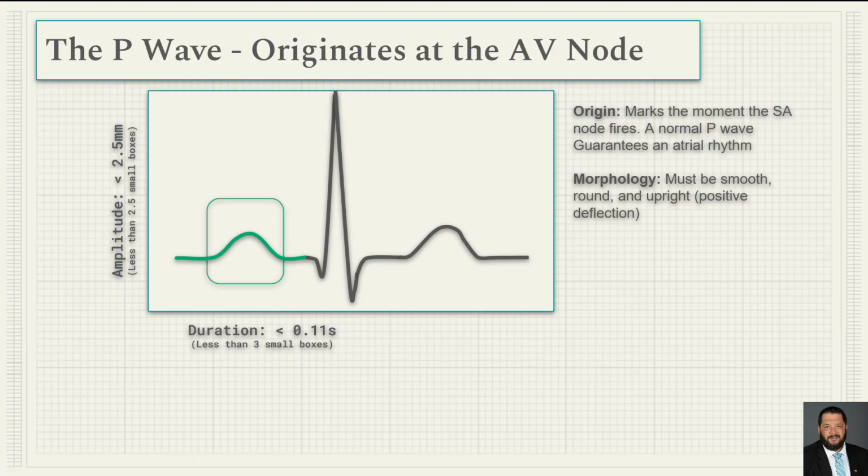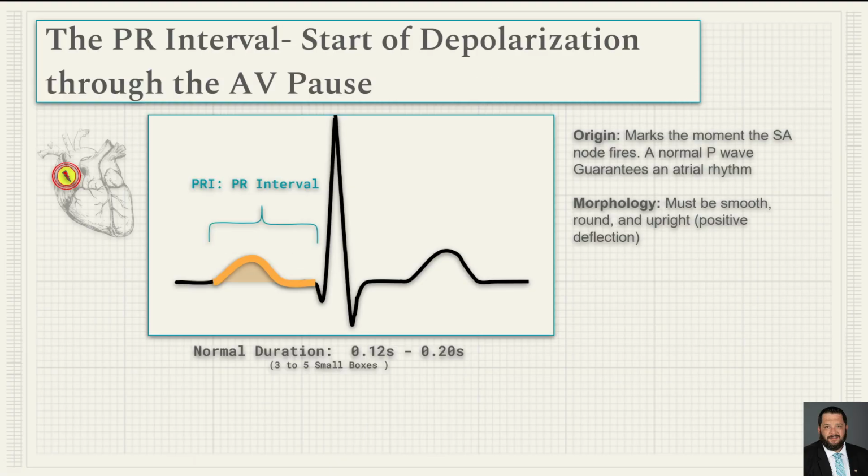Moving left to right through the entire conduction process, the next piece that we come to is the PR interval. And the PR interval marks the time from atrial depolarization, which is your P wave, until the ventricles fire. So your PR interval will start from the beginning of the P wave until the beginning of the next complex, which will be the QRS complex we'll talk about here in a moment.